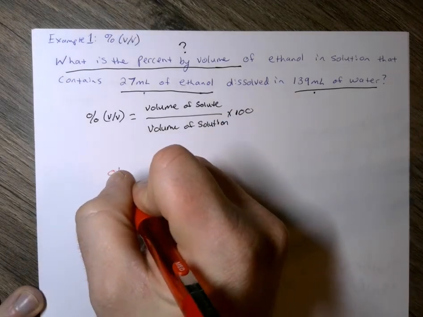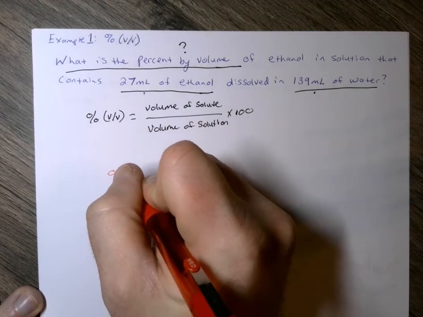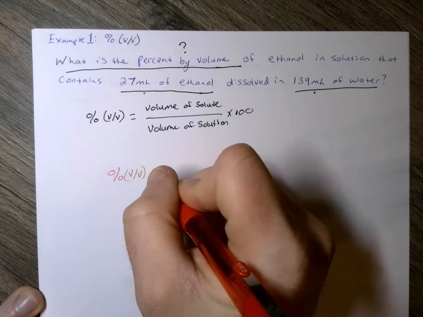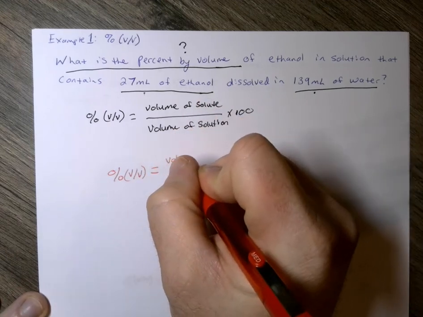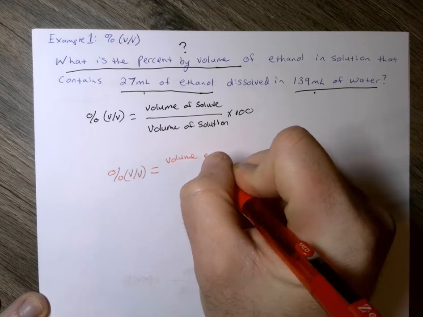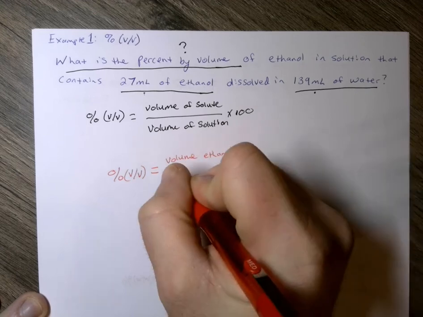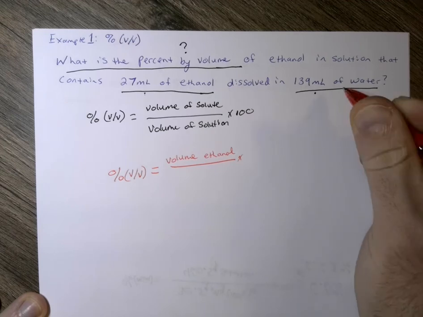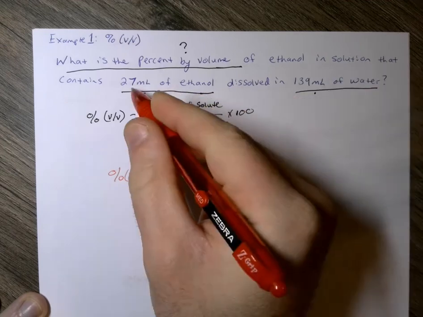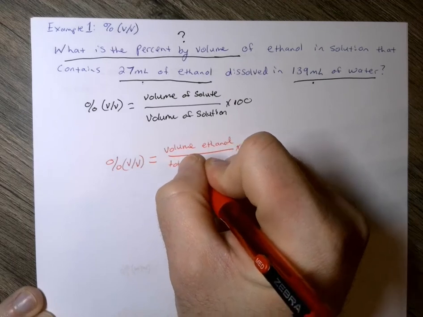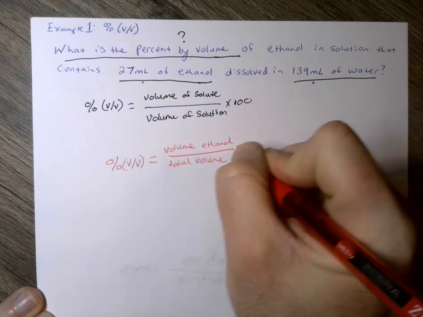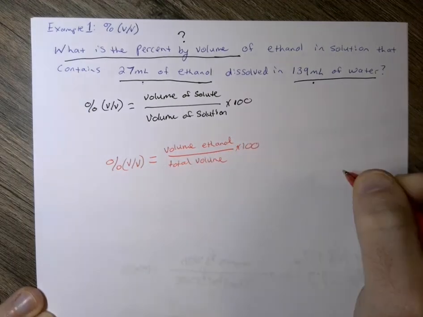So the percent volume over volume, or percent by volume, is going to equal the volume of ethanol over the volume of water plus the volume of ethanol. So the volume of solution, so total volume, times 100.